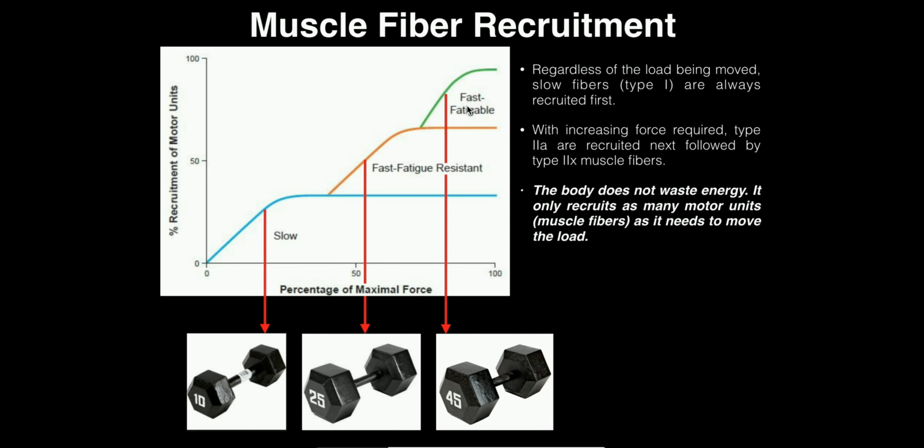And if you really want another analogy beyond this, it's sort of like if you know you're going to have to lift a 50, 60-pound dumbbell in this example, your body's going to say, well, the slow fibers, that's not sufficient. So let me activate the fast fatigue resistant fibers, again, not sufficient. So it's going to have to go even further to the fast fatigable muscle fibers, and then it's going to be sufficient in order to move the weight.